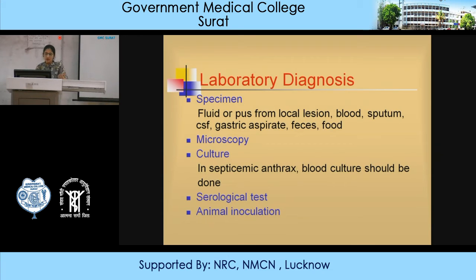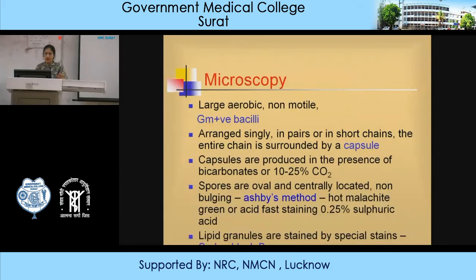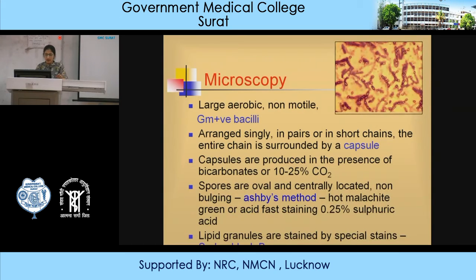In microscopy, you will find large aerobic non-motile gram-positive bacilli as shown in the pictures. See, this is the central spore area. It is not like Clostridia, with a subterminal or terminal spore.